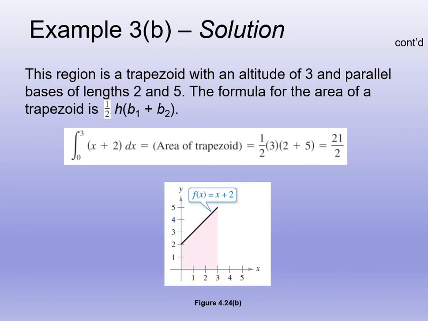If you turn your head sideways to the left, our first base is from 0 to 2 on the y-axis, and our second base is from 0 to 5. The width is from 0 to 3. Drawing this out, you can see the trapezoid, a geometric shape, so it's 1/2 times 3 times 2 plus 5, and we end up with 21 over 2.